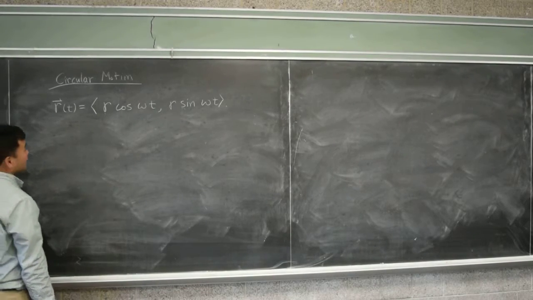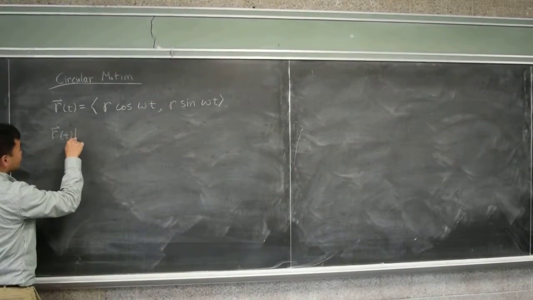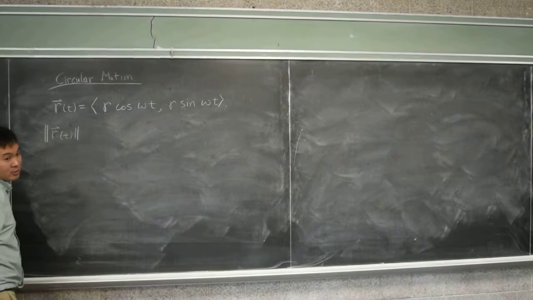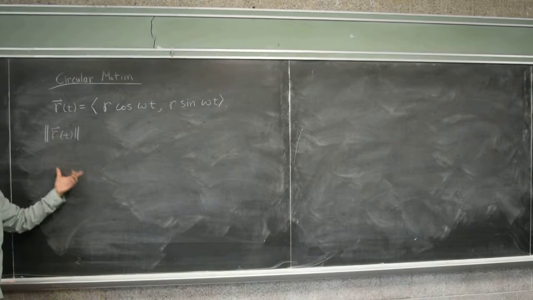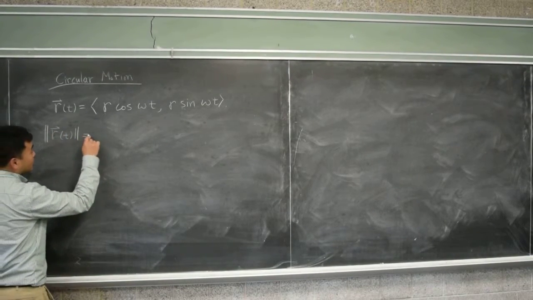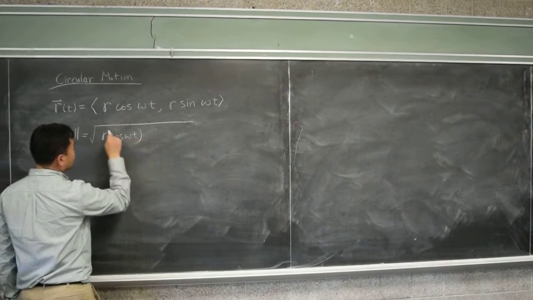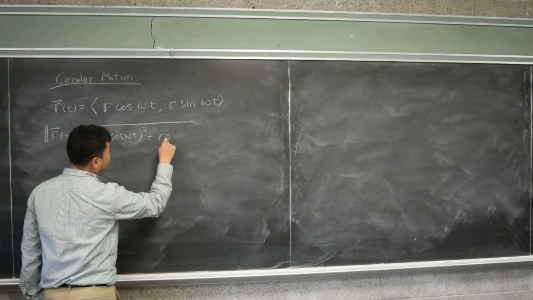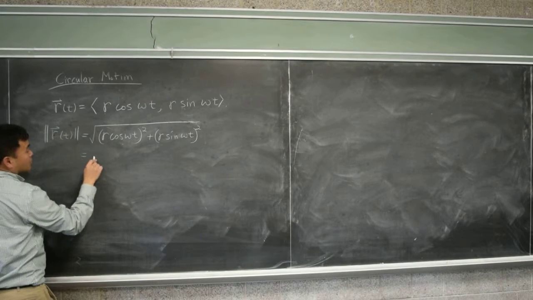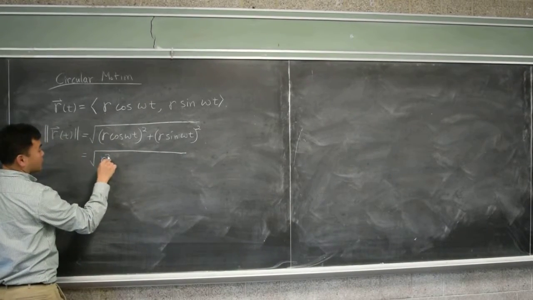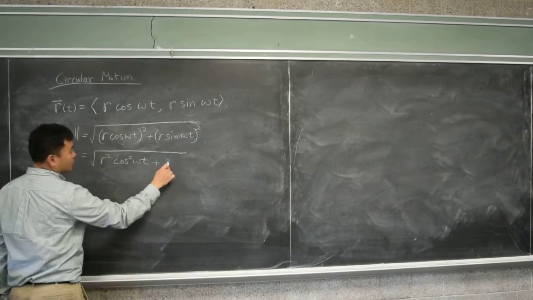But the reason I can do that is because if you find the norm of r, think about the norm of this vector. It's a vector valued thing, so definitely you can take the magnitude of this vector. How do you do that? Take the square root of each. That's r squared cosine squared omega t, plus r squared sine squared omega t.